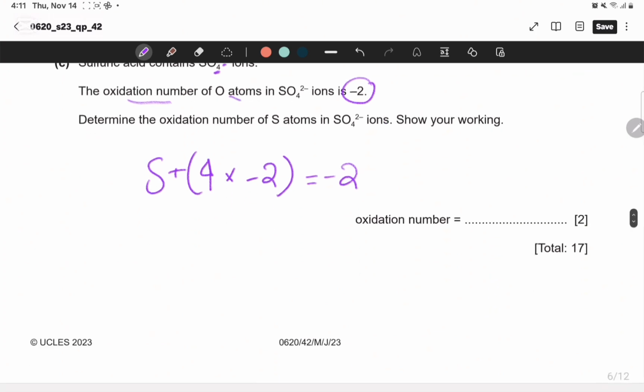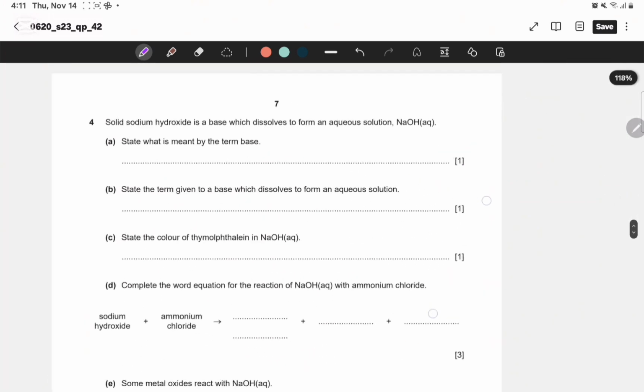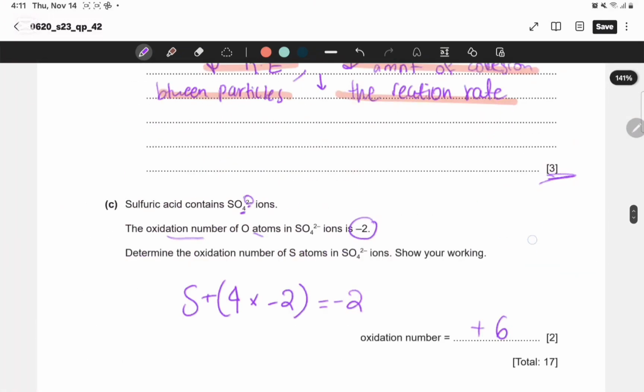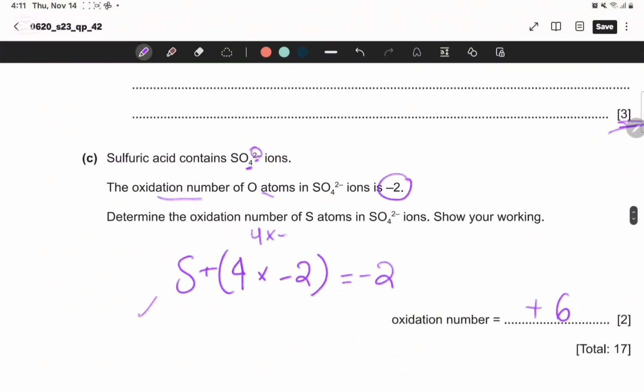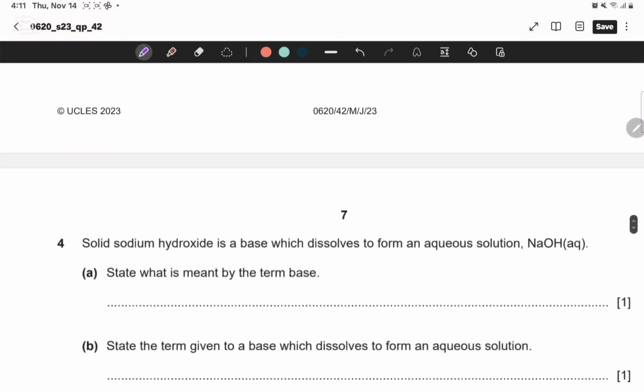Okay, so when you solve, you're gonna get the answer to be 6, and just put a plus because there's a plus in the marking scheme. Okay, wait, there's 2 marks, so 1 mark for this and 1 mark for writing 4 times -2 separately. I don't know why. Okay.